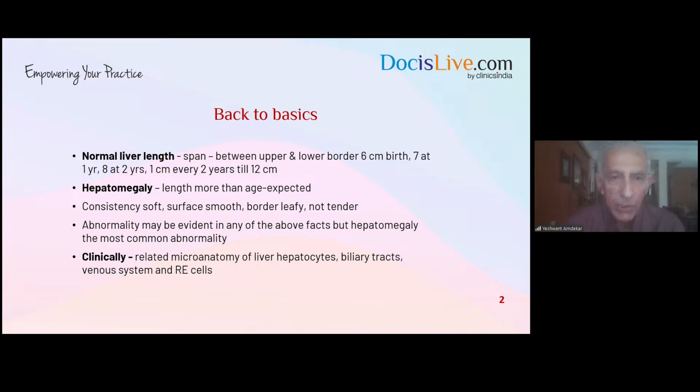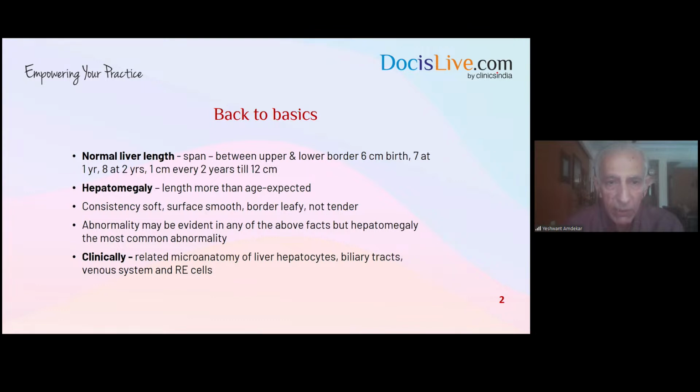And how do you pick up a span of the liver? Not just by the liver getting more palpable per abdomen, but the distance between an upper border of the liver and the lower border of the liver. Upper border of the liver is not palpable because it's in the chest, but it is percussible. So you percuss from the second right-sided intercostal space, which is tympanitic because there is air in the lung there.